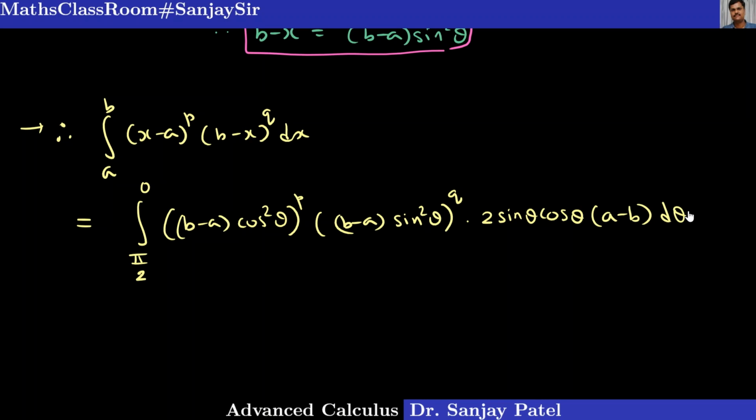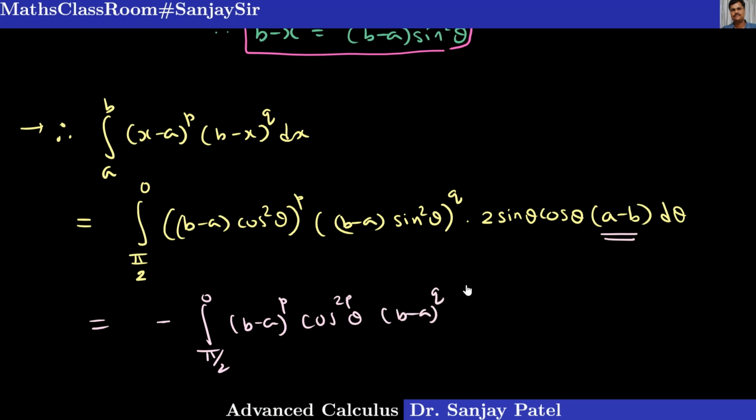Okay. Now I have everywhere here b minus a. So I want to make these also in the form b minus a. So taking minus sign outside of this integral, pi by 2 to 0 and b minus a raised to p, then here cos raised to 2p theta, b minus a raised to q, then sine raised to 2q theta, then into 2 sine theta cos theta into b minus a.